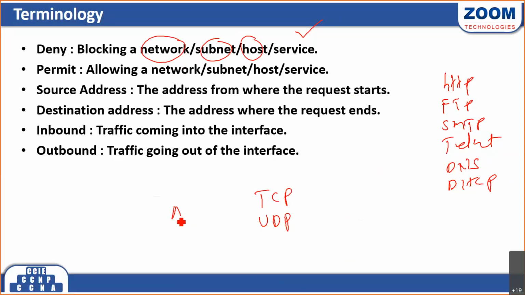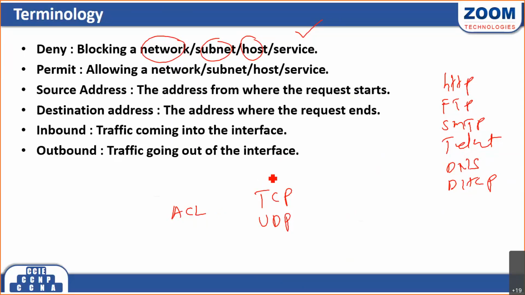So ACL can filter which protocol traffic, TCP or UDP? Both can be controlled. Yes, ACL can filter TCP and UDP.